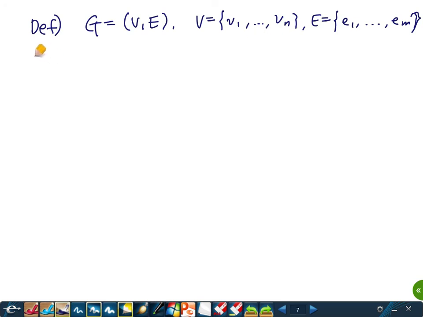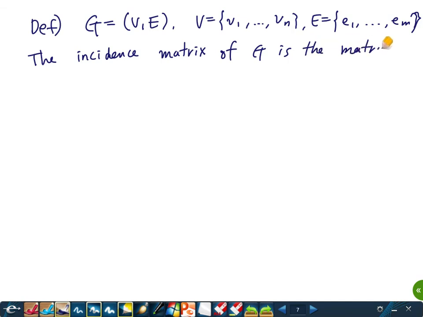And the incidence matrix of G is the n by m matrix M = (Mij), where i is from 1 to n, j is from 1 to m.